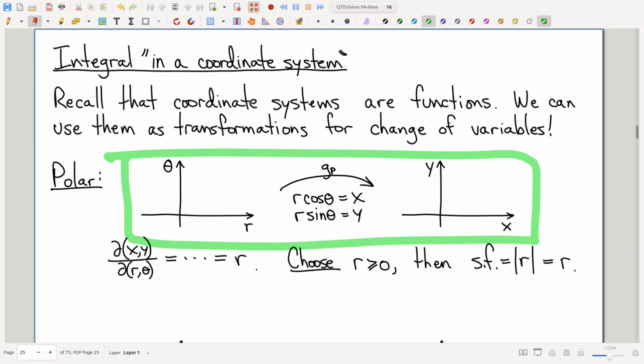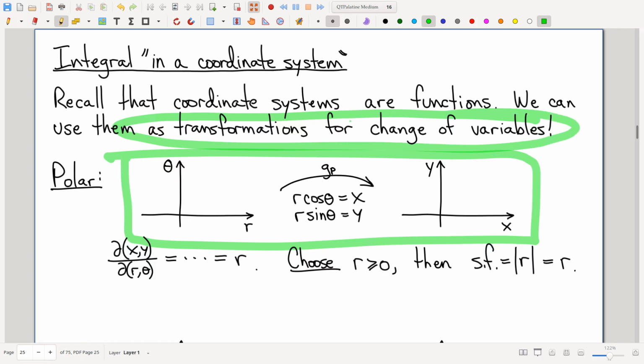Check it out: it is a change of variables function. This is a function from 2 dimensions to 2 dimensions, and if I have a domain over here, I could pull it back through the polar coordinates conversion function, and I would have a new domain back here in the r theta plane.